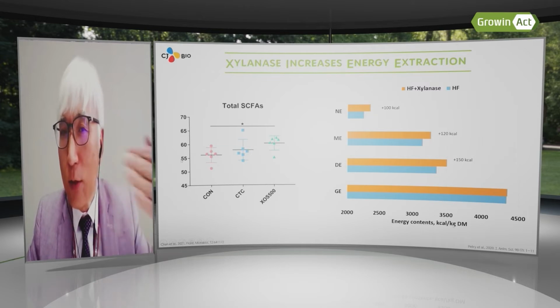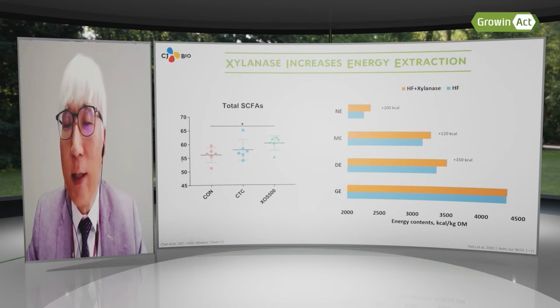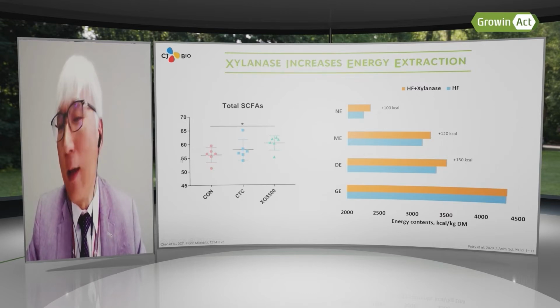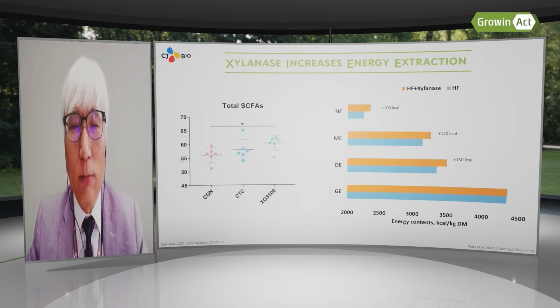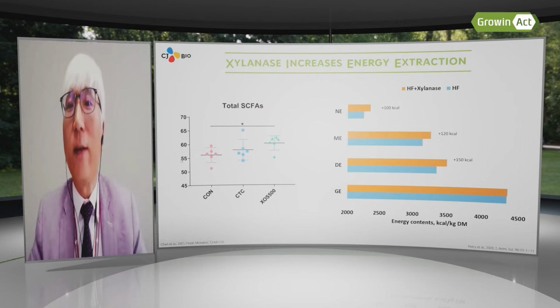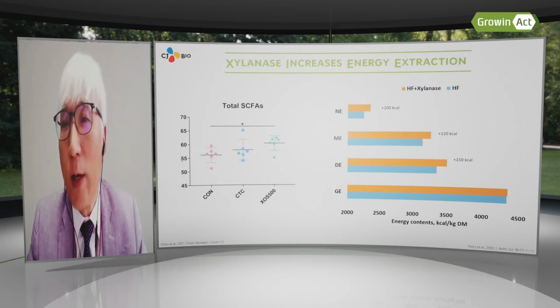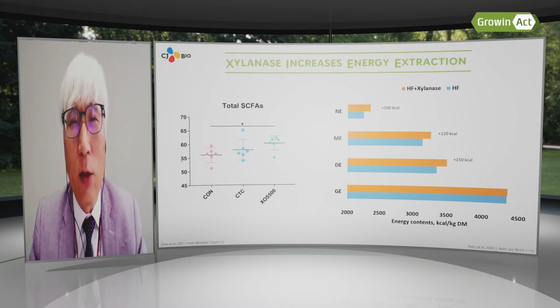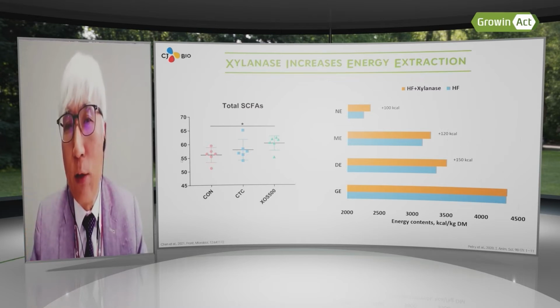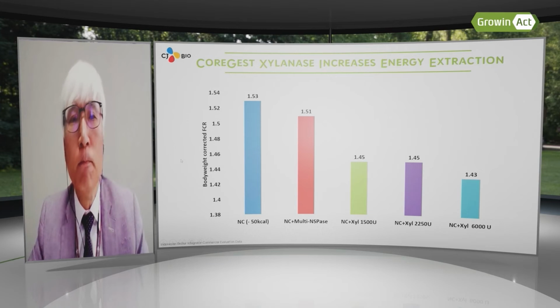You can see that by just supplementing xylanase, there was over 150 kcal increase in digestible energy and about 100 kcal increase in net energy content in the same diet. That is very valuable, if you consider that 100 kcal of metabolizable energy, if you estimate it in your formulation, usually costs around $11 per metric ton of feed at the moment. So it is a very valuable energy source. You can increase and extract more from the feed you're actually feeding.